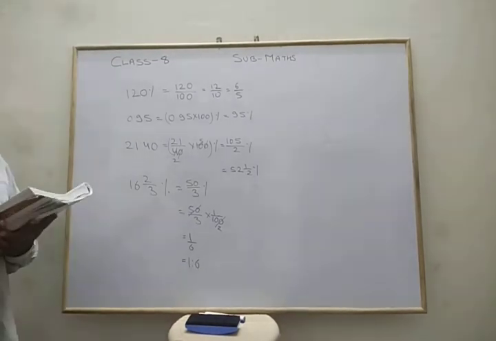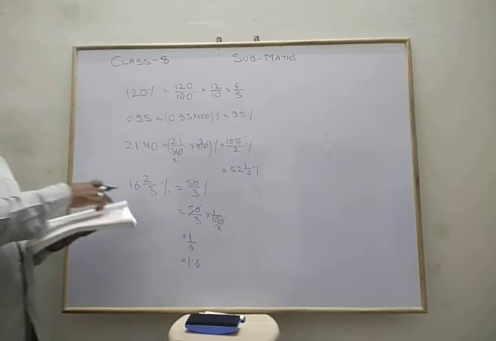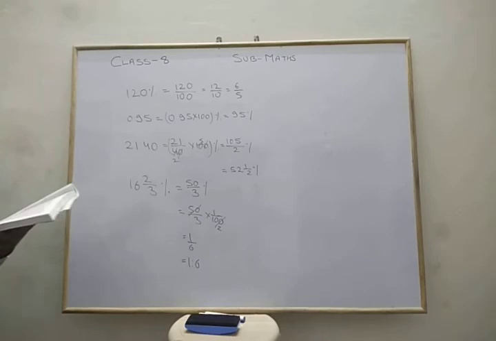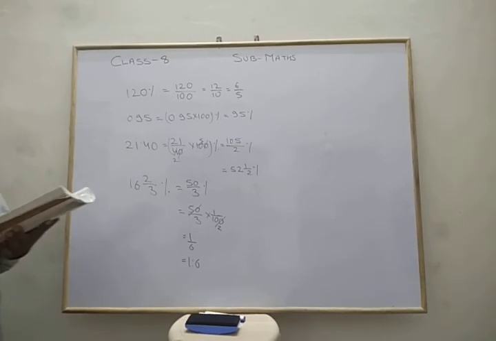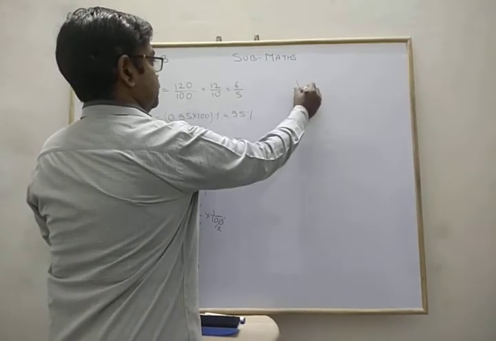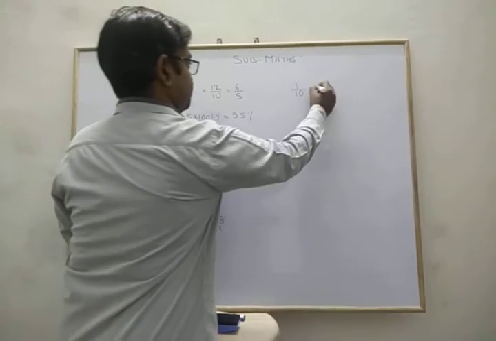What I am discussing just now is question number 1 to 4 of your book. Now come to question number 5. Express the first quantity as a percentage of the second quantity. Suppose it is given 1 upon 10 of 2 upon 5.